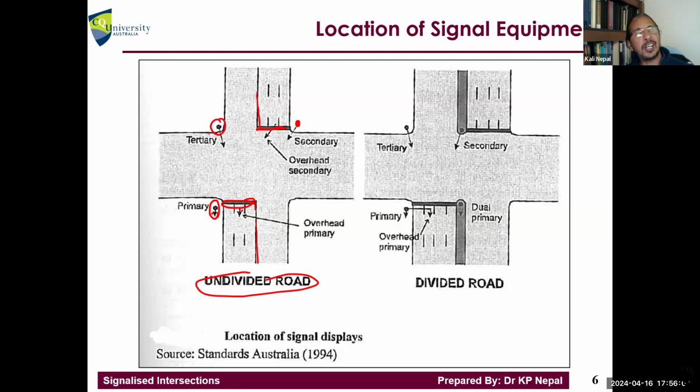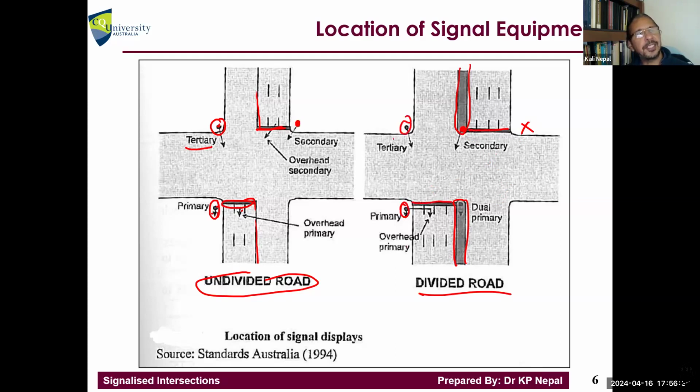And then as other options, because sometimes these signals fail, we need to have other options as well. So there are other locations we need to provide. You see, there are a few locations we need to provide. But if the road is divided, if you have a median separation in the center, the Australian standard says you need to put the equipment in the center, the signal indication here, not over there, as well as overhead here or there.